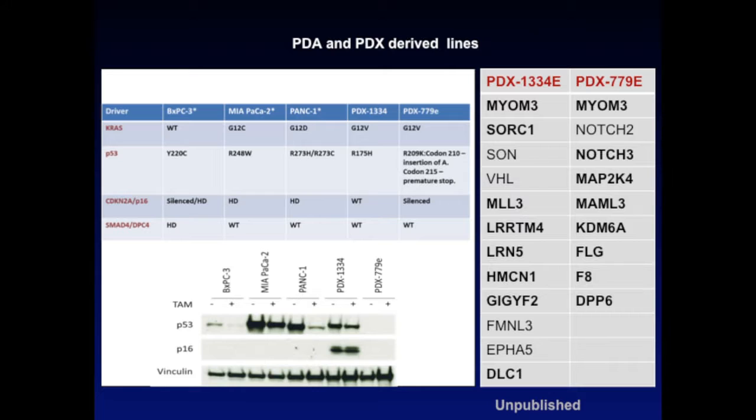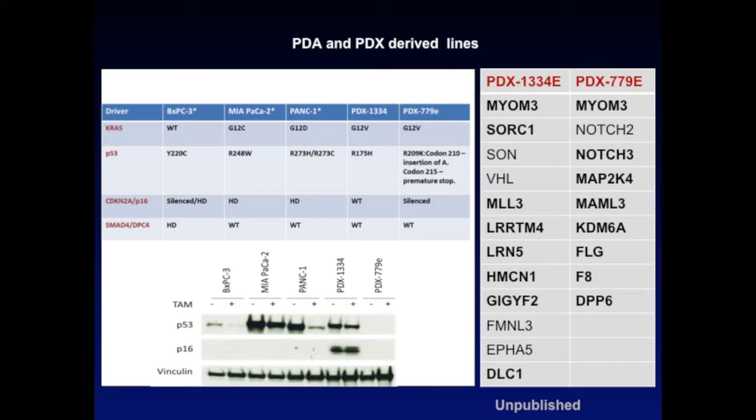You know, most of the lines have the gain-of-function P53 mutations. Here's the P53. And then otherwise, the KRAS is similar. And then the 1334 line is derived from a liver met. And what's unusual there is that it's the only line that has protein expression for P16.